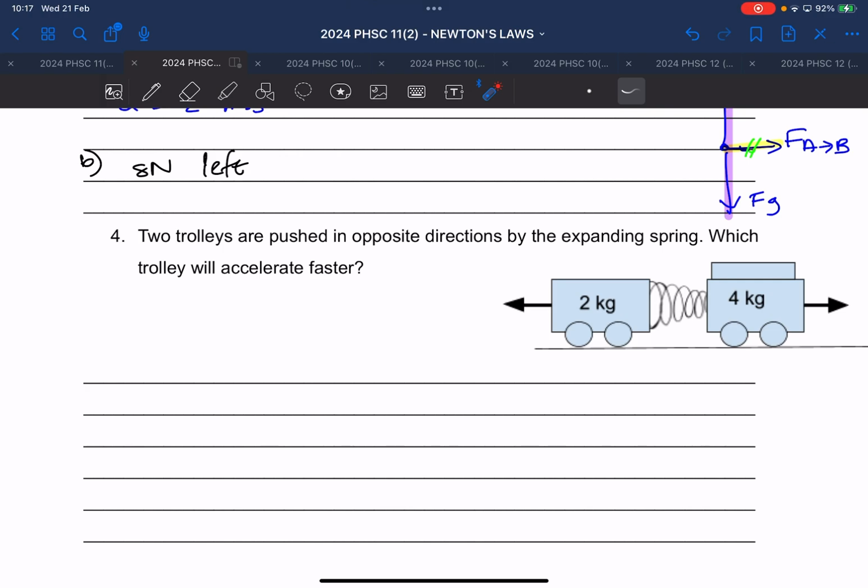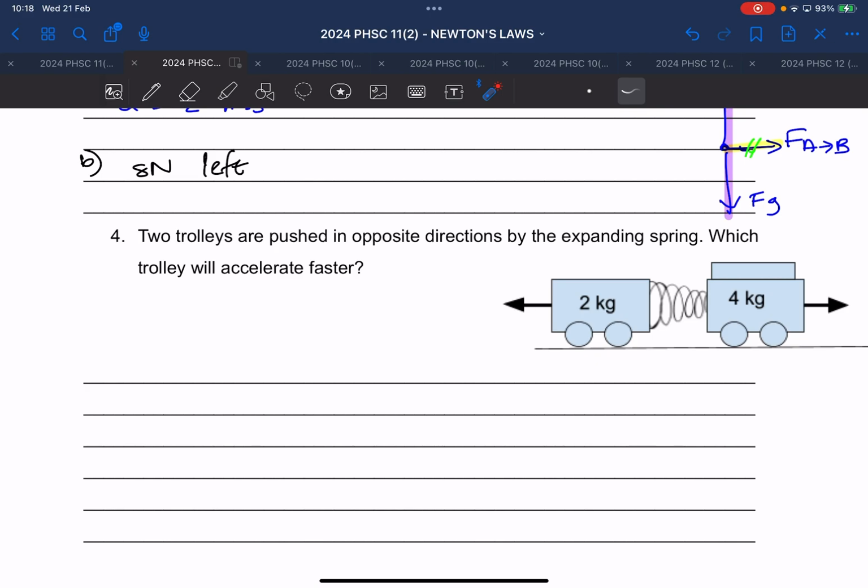So you see there we have the 2 kilogram and the 4 kilogram. So we have two trolleys. The one is heavier than the other one. And the question now is which one will accelerate faster?